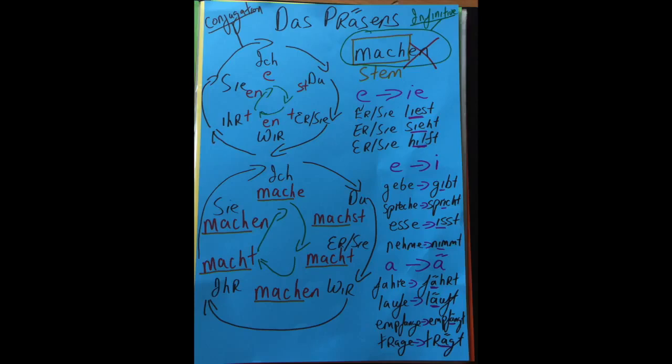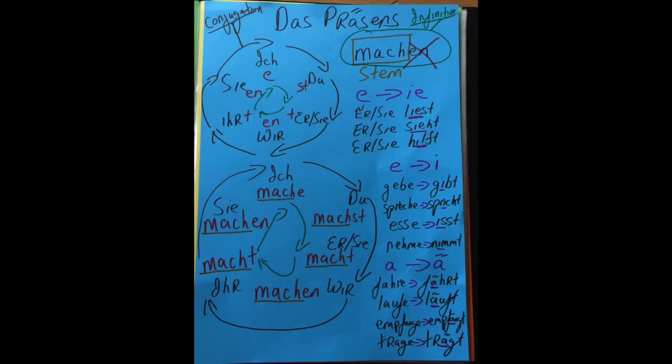Then you've ich helfe, to help, sie hilft. Then you have verbs that change from E to I. Again, you just need to learn these as you come across them. Ich gebe, sie gibt, to give. Ich spreche, to speak, sie spricht. Ich esse, I eat, sie isst. Ich nehme, I take, sie nimmt.